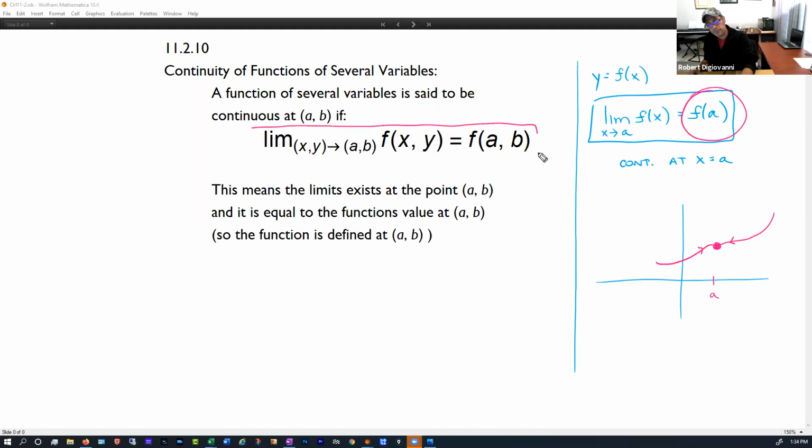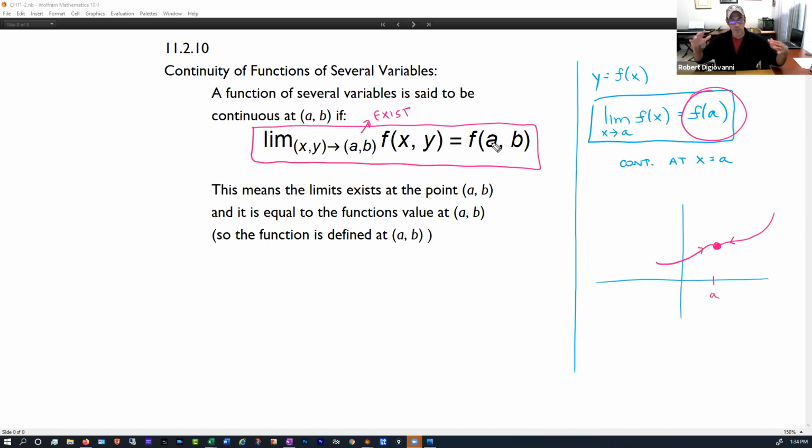In order for us to say that our function is continuous at a point, now remember that's in the domain, that means that the limit of that function exists, all right? So that means this limit exists, which we already know is almost impossible for us to show, right? It's so hard for us to show limits exist, but to be continuous at a point means that the limit must exist and it must be equal to the function's value there.